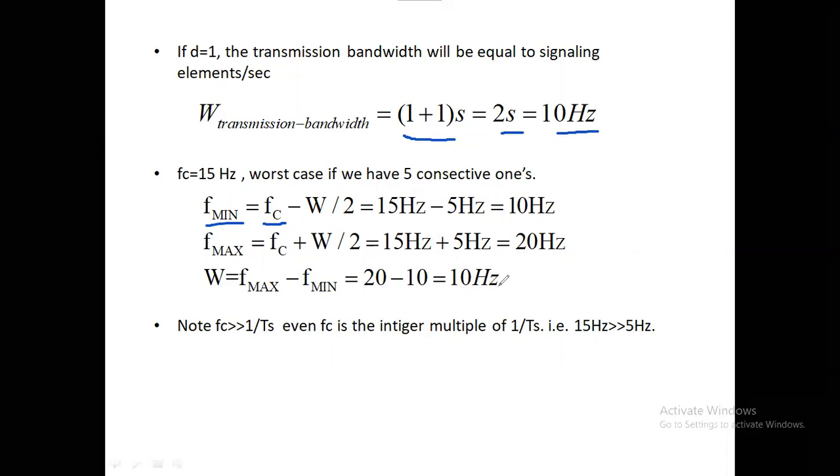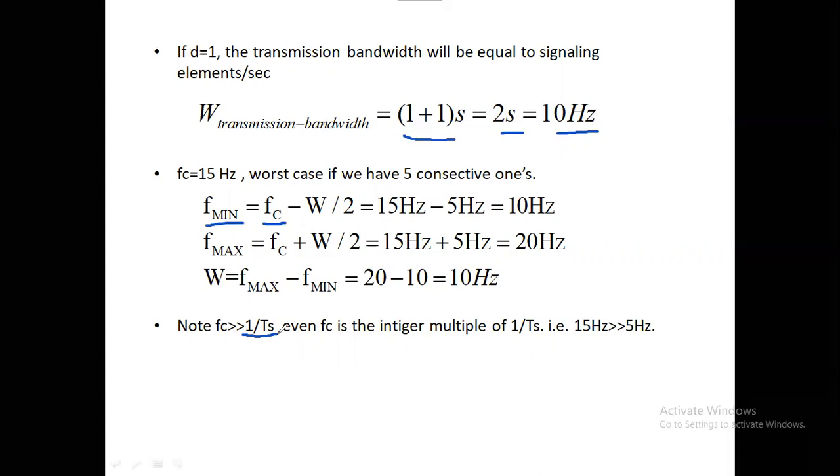system. So the center frequency should be 1 times the baud rate, or in our case, 1 times the duration of the symbol. So that must be much greater than 1 by Ts.